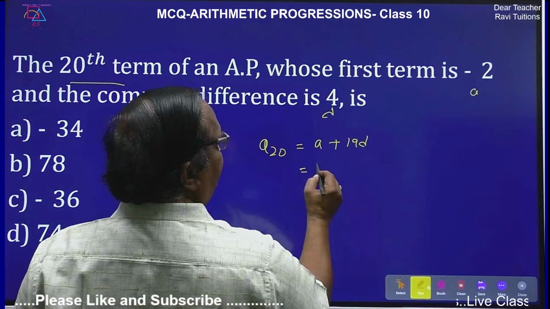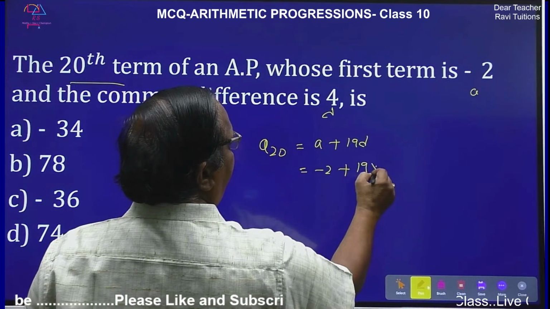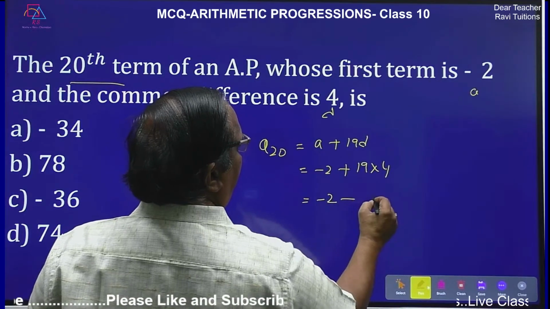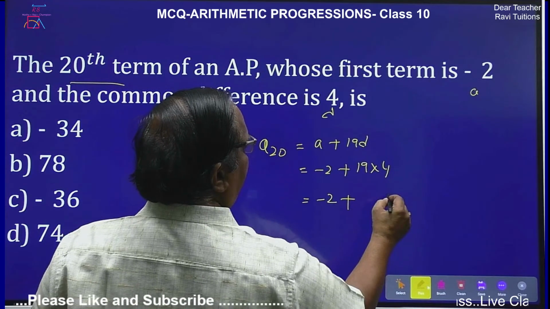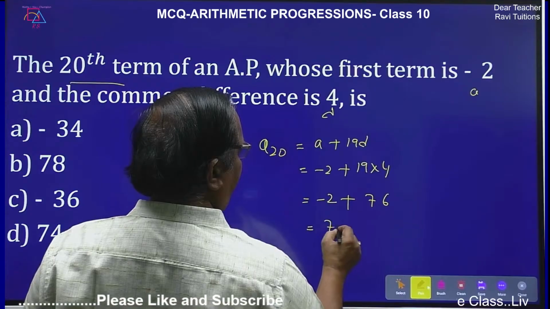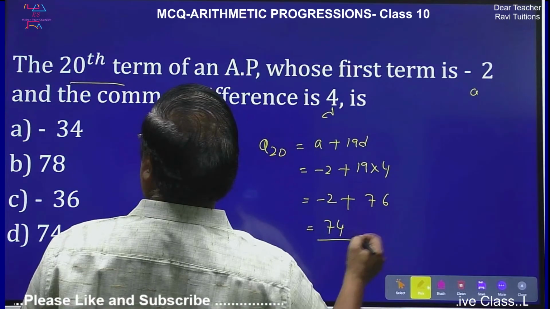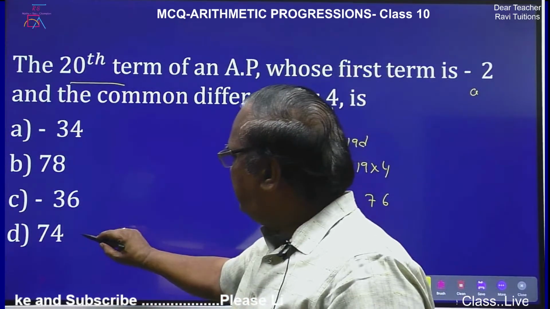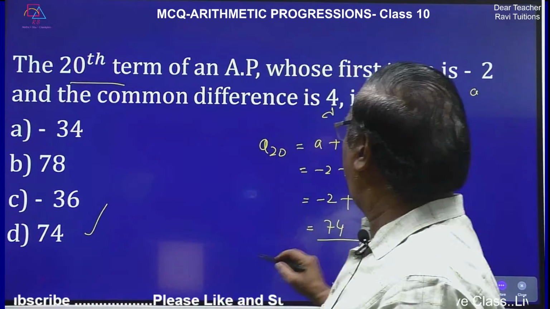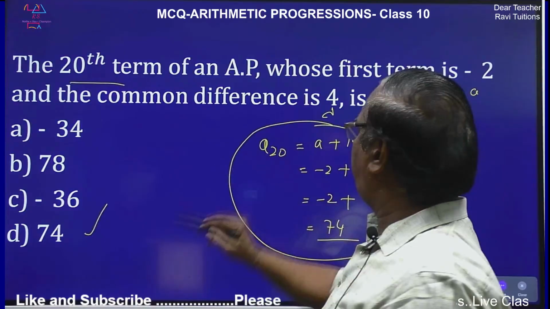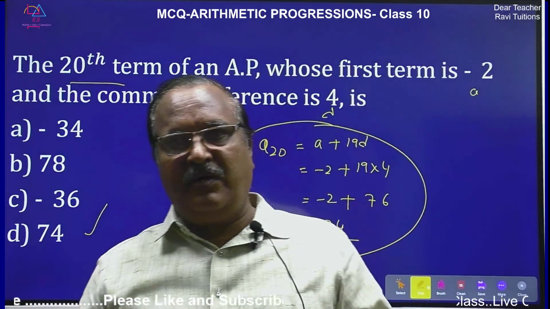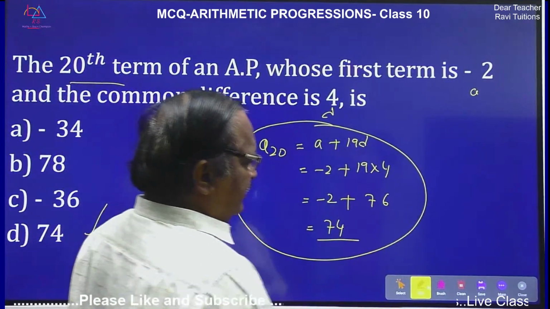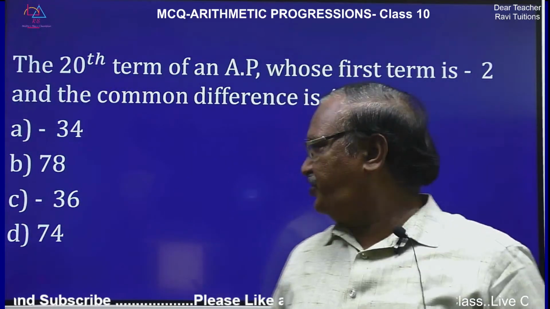So a is minus 2 plus 19 into d, which is 4. So minus 2 plus 76, 74. 74 is the answer. So this chapter is very important. Primarily this an formula will be used in MCQ questions. Okay. So next question we will try.